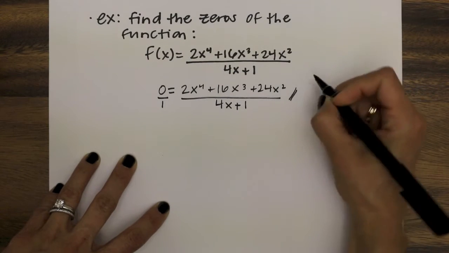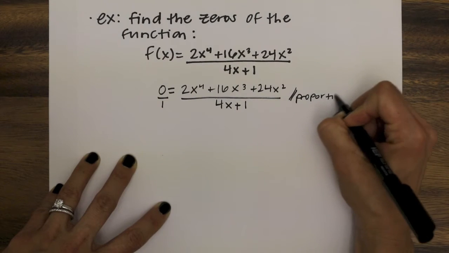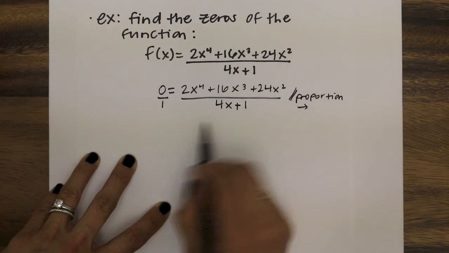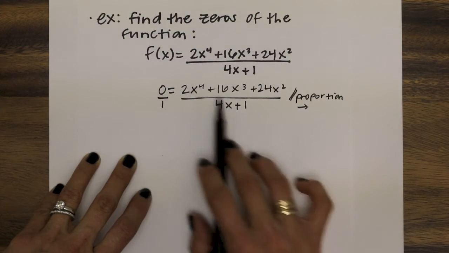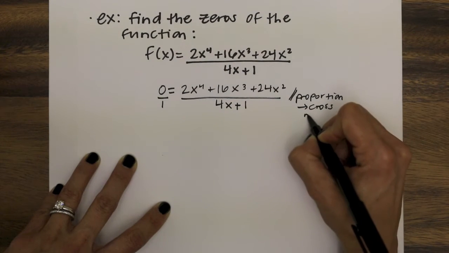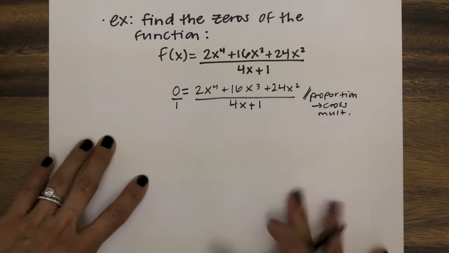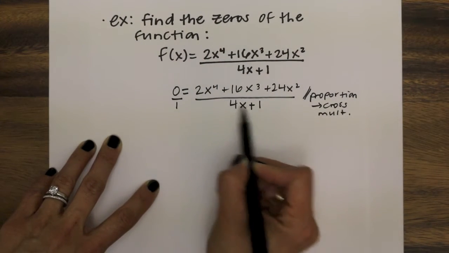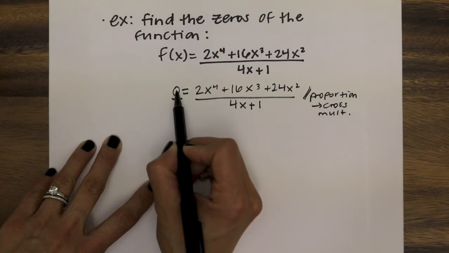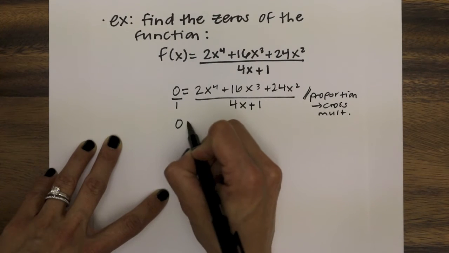So anytime you have a proportion where you have exactly one fraction equal to one fraction, you are allowed to cross multiply. So when you cross multiply, you're multiplying across that equal sign. 0 times the quantity 4x plus 1, which is just 0.